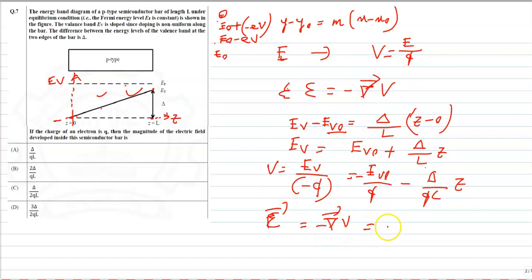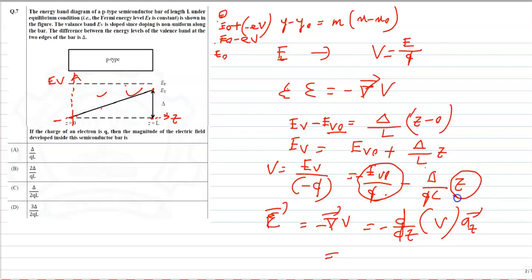Here it is one dimensional only. So minus d upon dz of V, and az, that is the direction of the electric field. This is the constant, and the differentiation of this is 0.